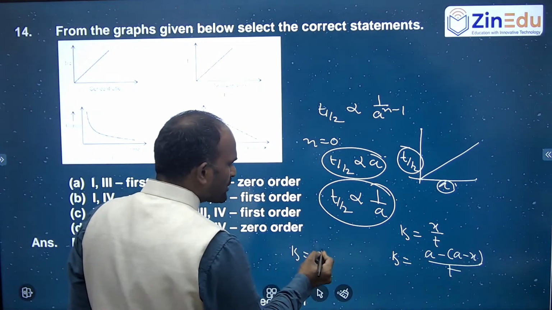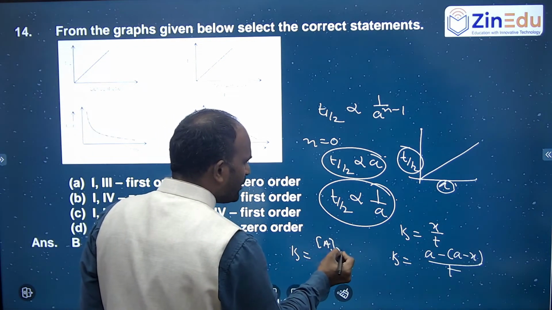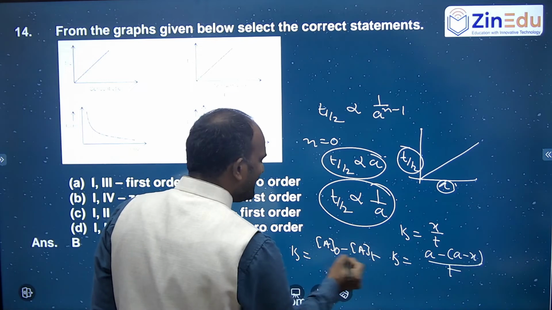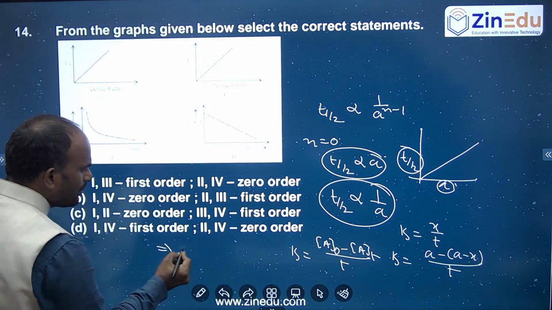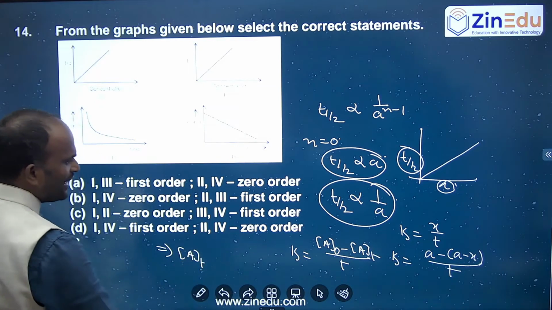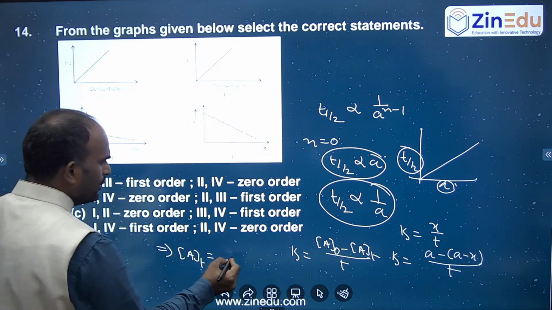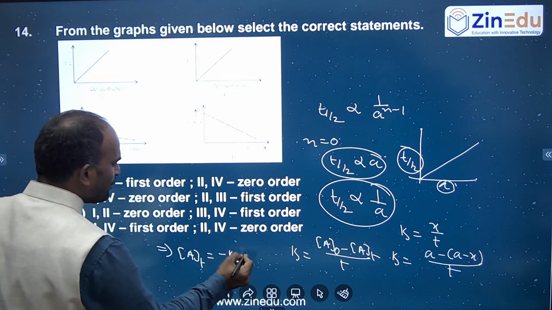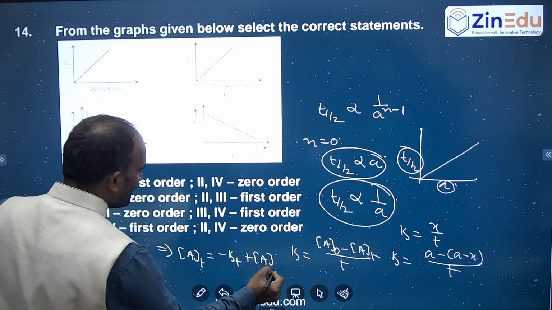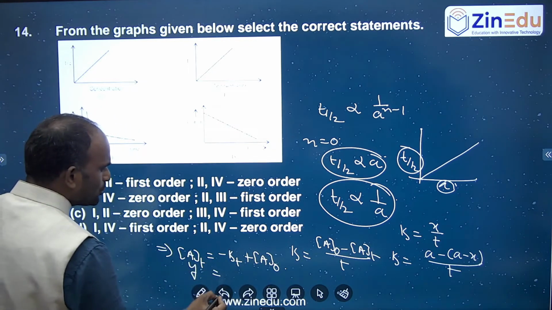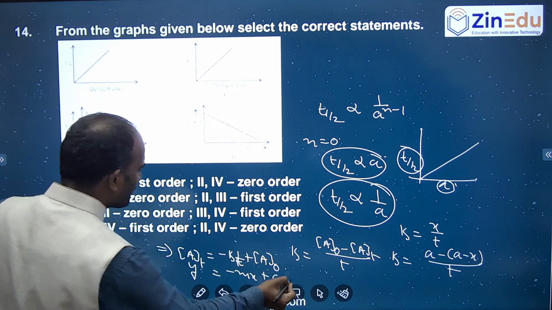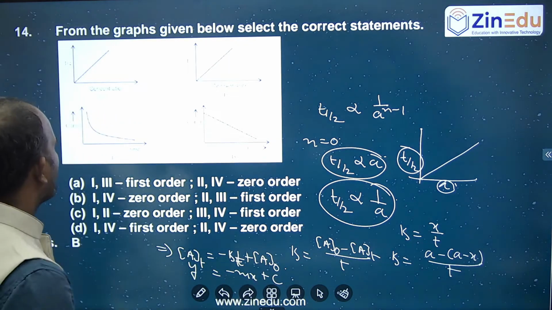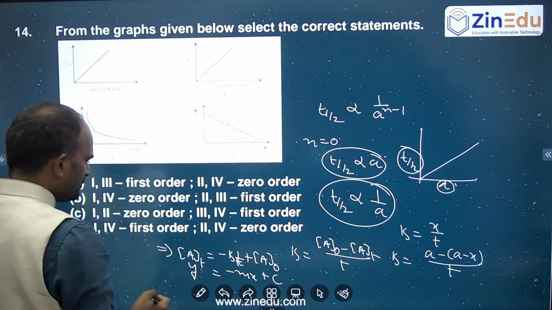Therefore, k is equal to initial concentration A naught minus A t divided by t, which implies that the concentration of A at a time t is equal to minus kt plus A naught. Therefore, it is looking like y is equal to minus mx plus c, with a negative slope. Yeah, this is for zero order.